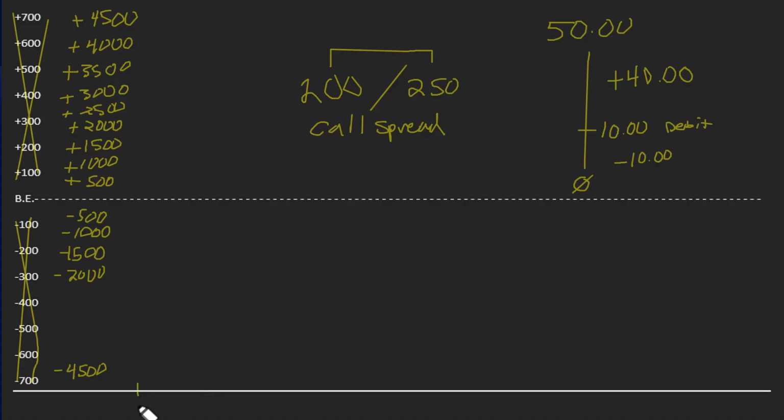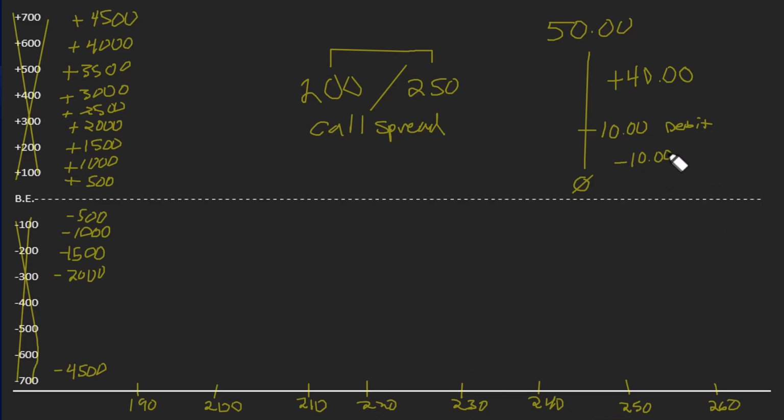Well, I would need my chart to show below 200 all the way up to above 250 because I need to show this entire trade. Now we're doing it by hand, so you learn a little bit more. I would need my risk graph to show the spectrum of the trade.